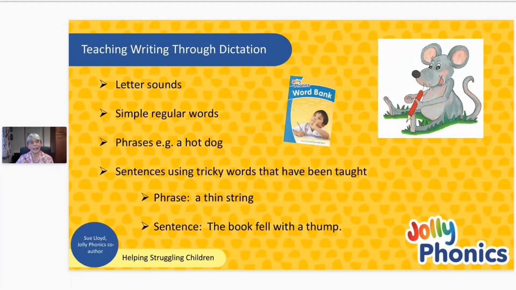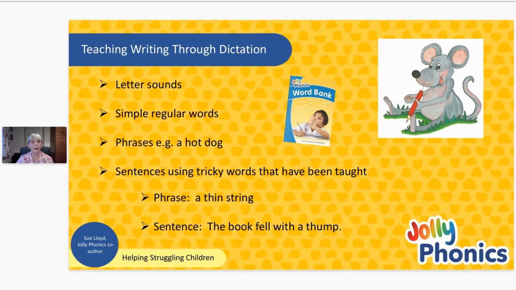Again, teaching writing through dictation is so, so powerful. And teaching writing really well does give enormous help for reading as well as writing. The two going together is so important. So in dictation, dictate a few letter sounds. Not a lot, just a few.